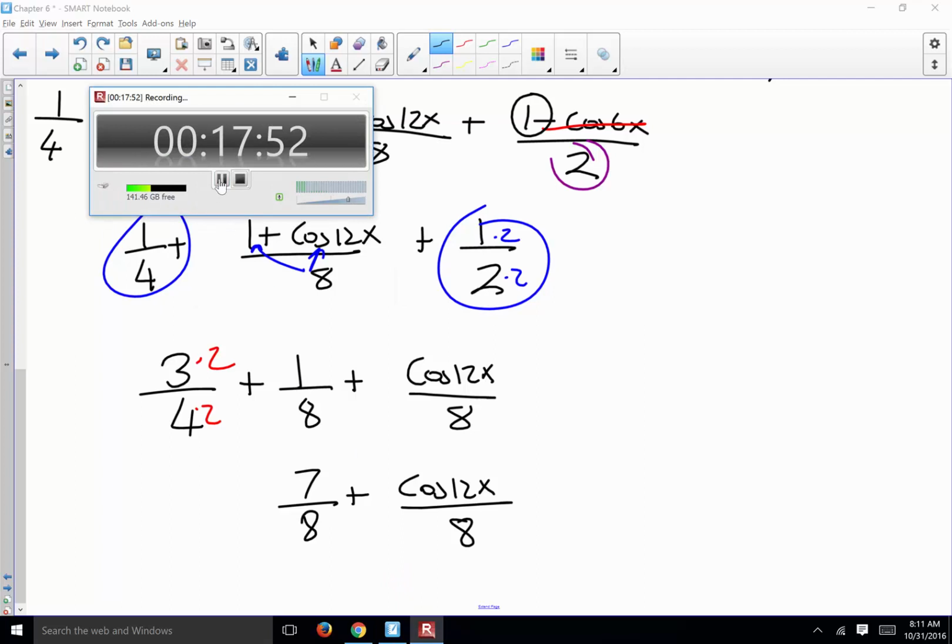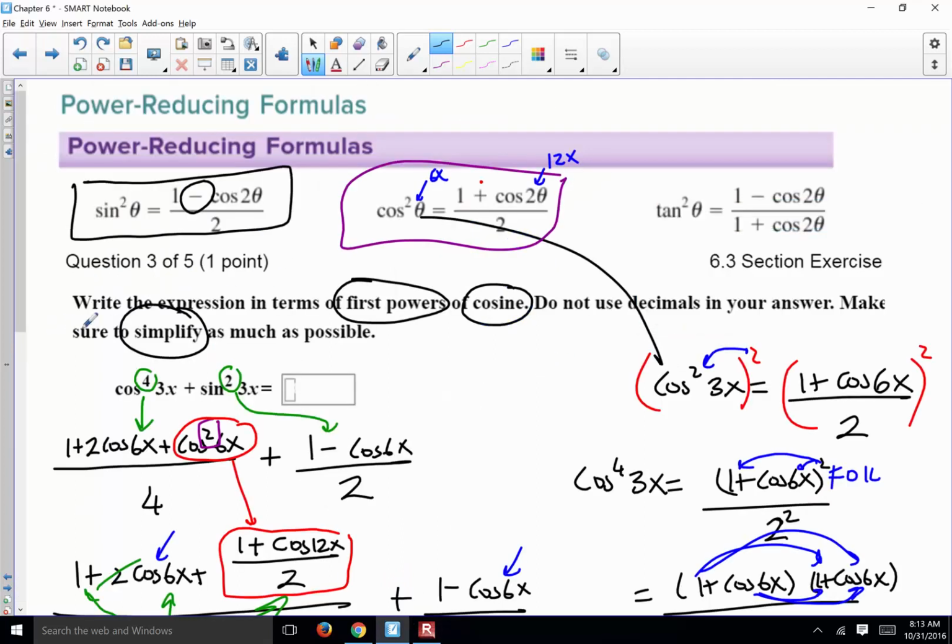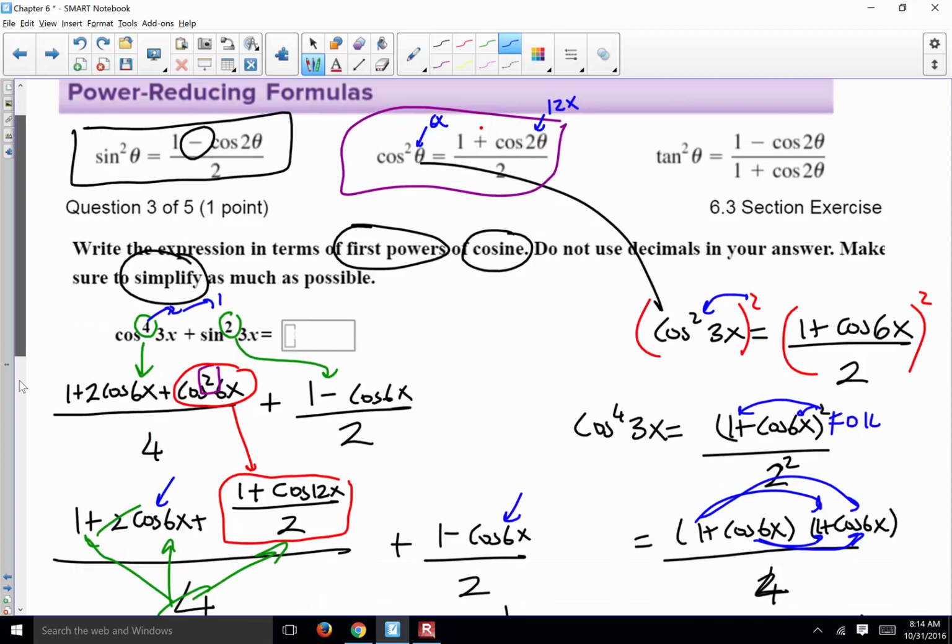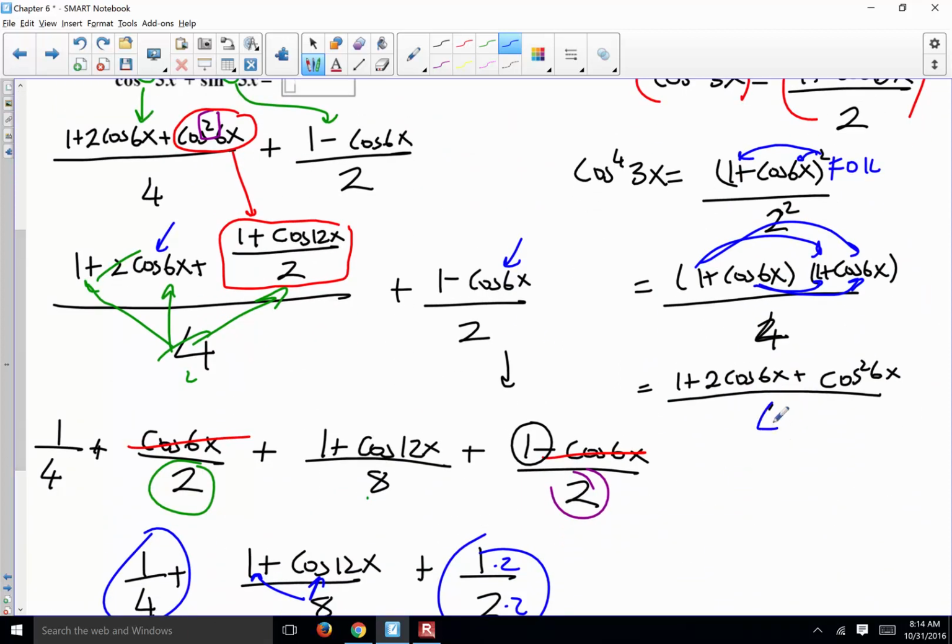Is it correct though? Give you a summary of our steps again. For fourth powers, you need to first reduce it to second and then reduce it to single power. I start with the second power, square it so I can get the fourth power. But when I square a sum, I need to FOIL, and when I do that, I get a square here that needs to be reduced as well.